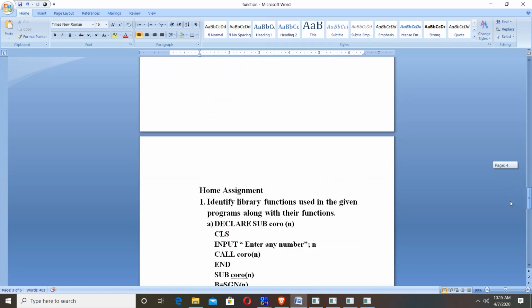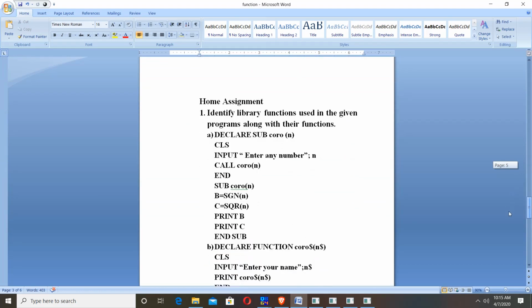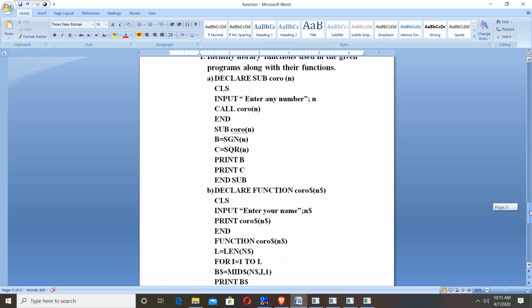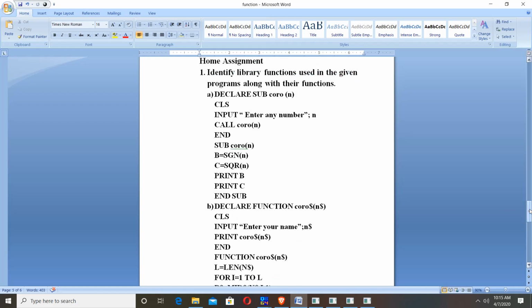Now at last I have given you some home assignment, and in home assignment, whatever discussed over here in today's lesson, from that area I have given you some work. I have written two different programs over here, and I have asked you to identify library functions used in the given programs along with their function.